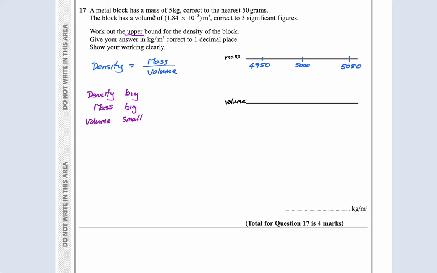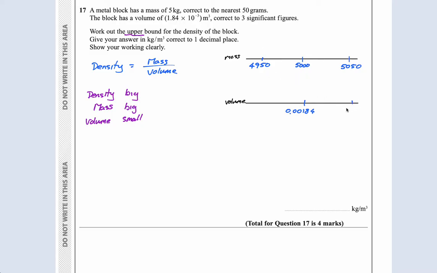Similarly, volume is 1.48 times 10 to the minus 3 to 3 significant figures. Okay, so that's a little bit confusing. 1.84, so that's actually 0.00184. That's what that number is, to 3 significant figures.